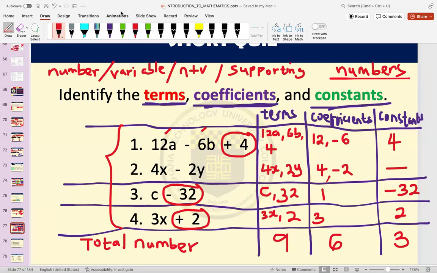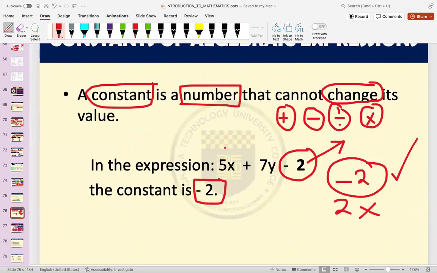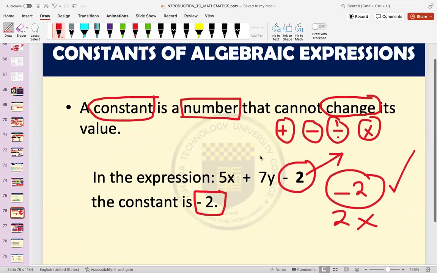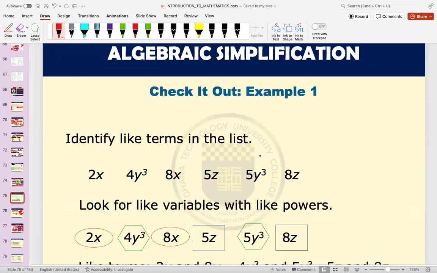Any other question? Yeah. On the previous page, when you added the numbers, you separated the numbers from the alphabet.